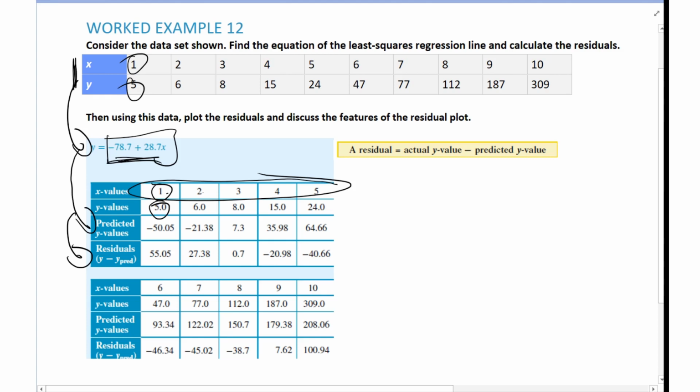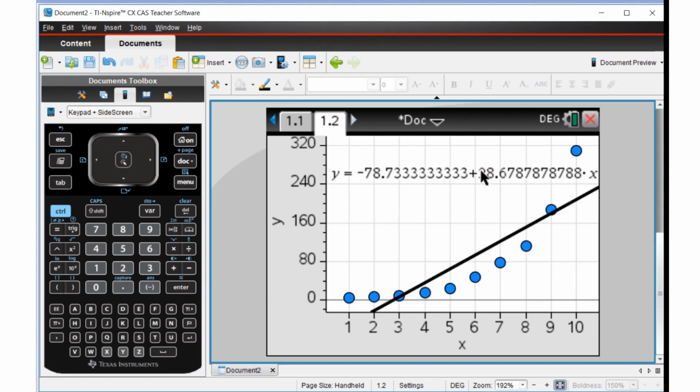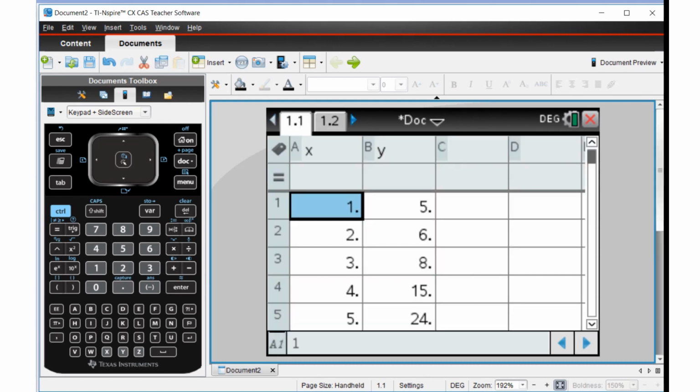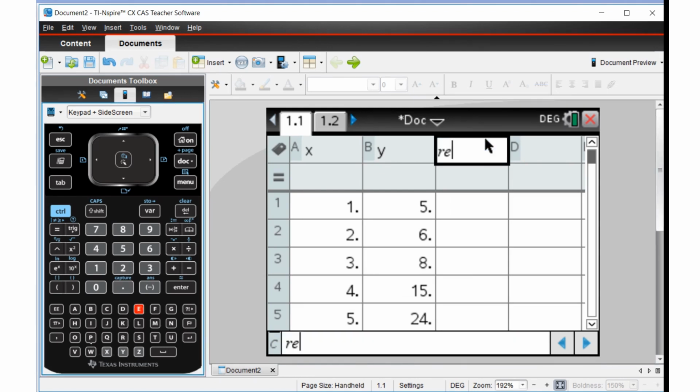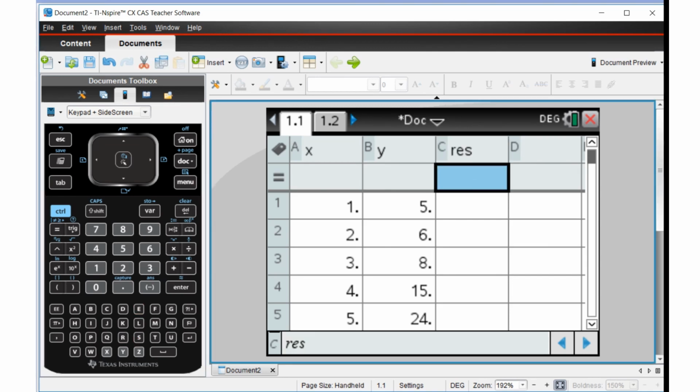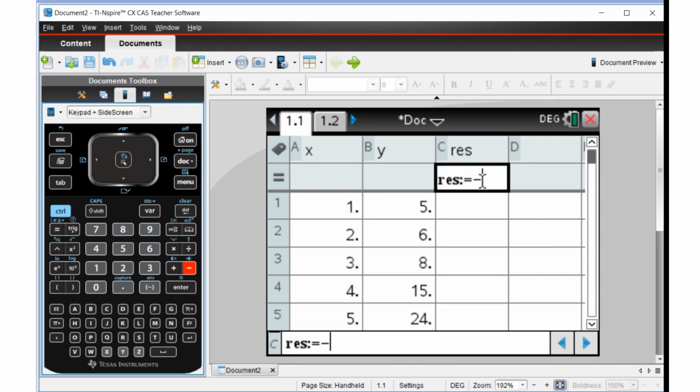Now, if you had to generate a whole lot of them, it's not necessarily what's going to happen, but if you have to, what you can do is go up to here and go back to this part here. It gives you something, let's call it res, for residual. I can type in my calculation here. It was, for memory, minus 78.7 plus 28.7 times.